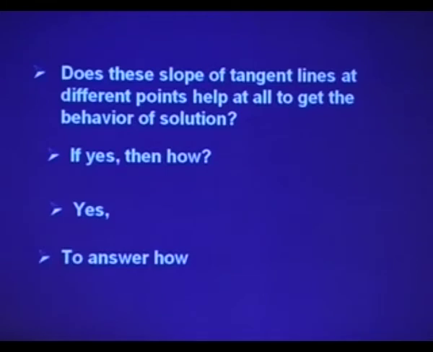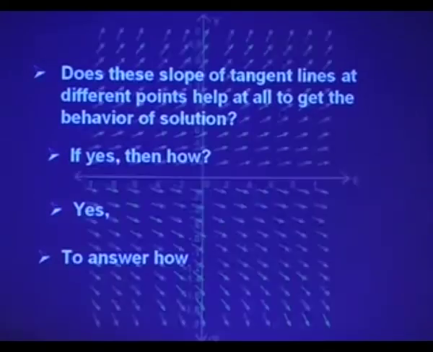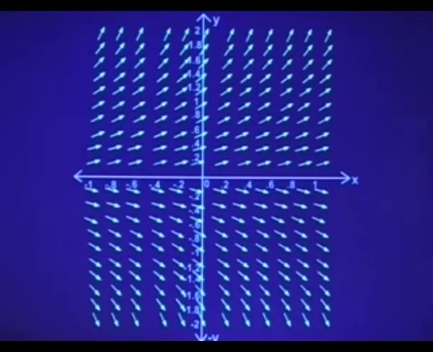Let me draw these slopes at different points on some xy plane. Here I have taken the same equation, dy over dx is equal to y. Suppose at the point (4, 0.2), the slope would be 0.2 because the y coordinate is 0.2.